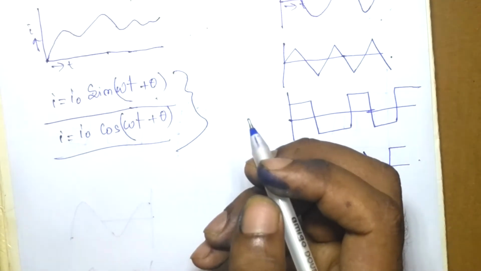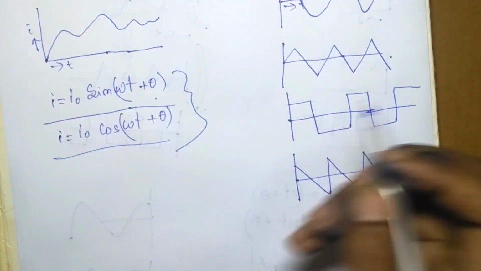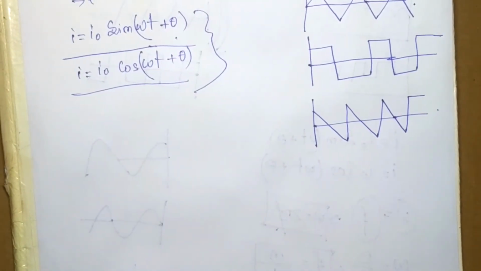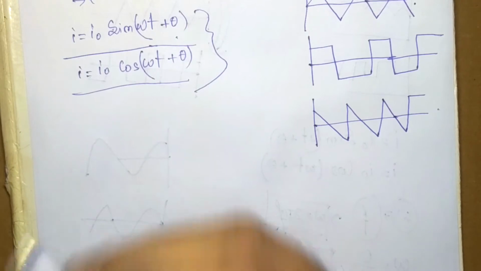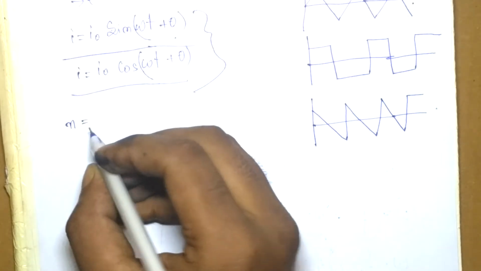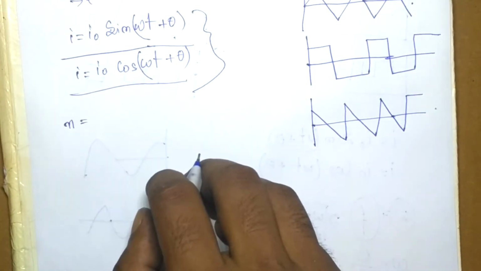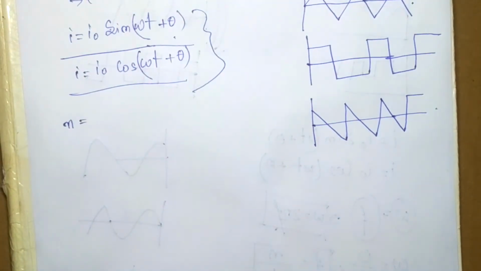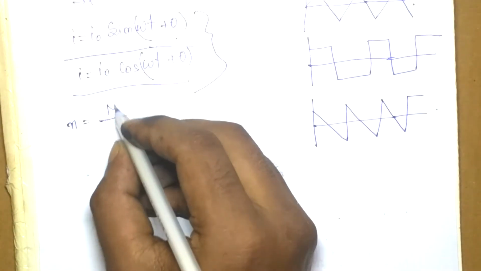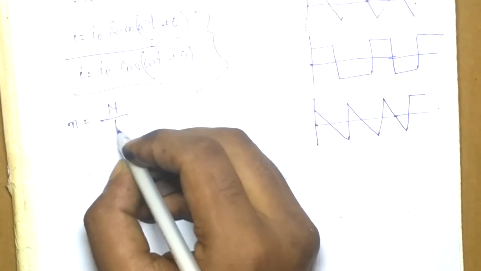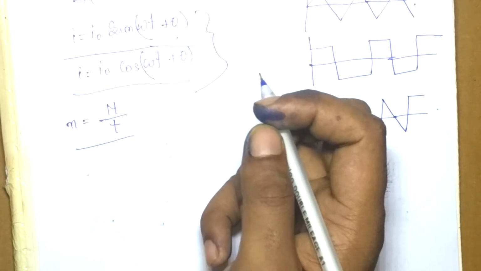Now we'll try to understand some basic definitions. First, we'll go with frequency, that is n, or sometimes it is called f. Now what is n? n is basically the number of complete oscillations in 1 second. So if there are N oscillations and the time taken for N oscillations is t, then small n equal to N by t.